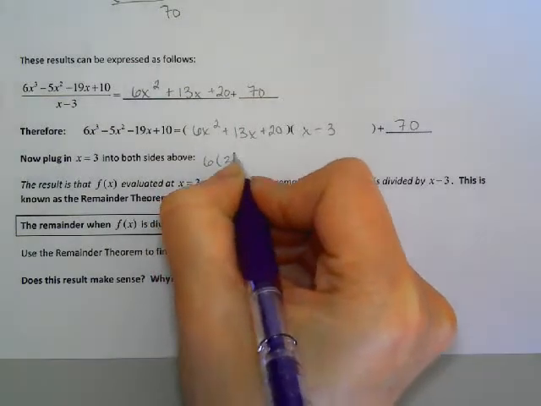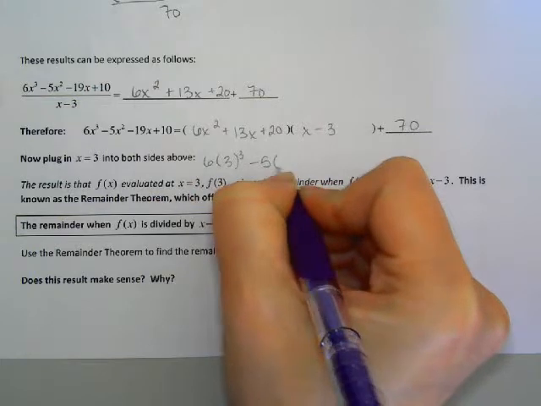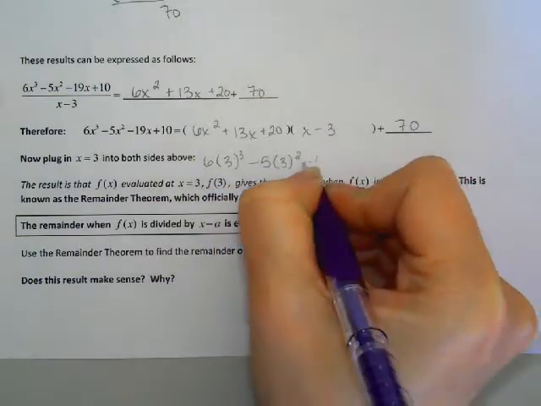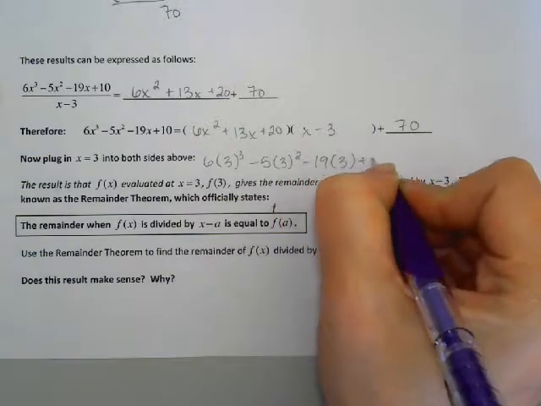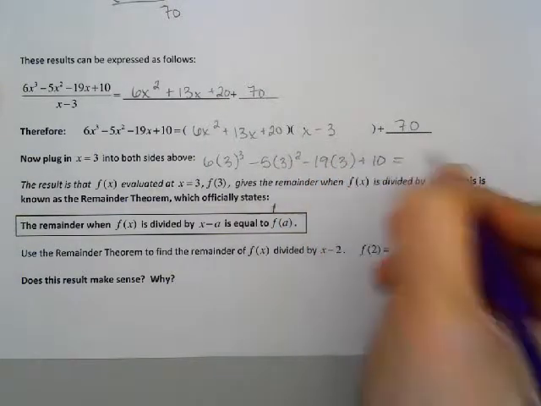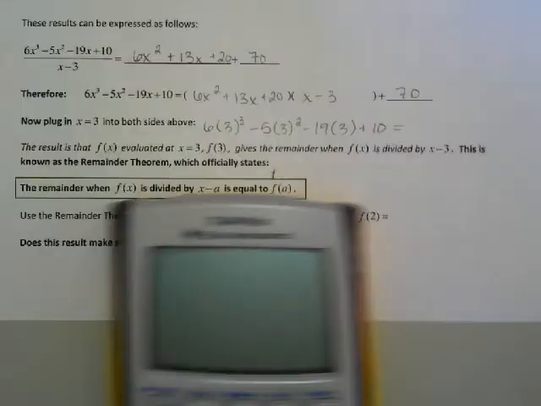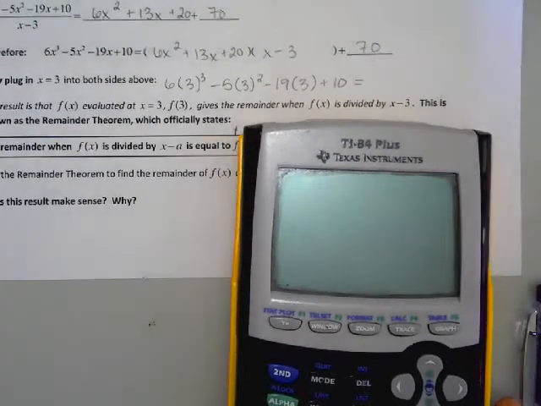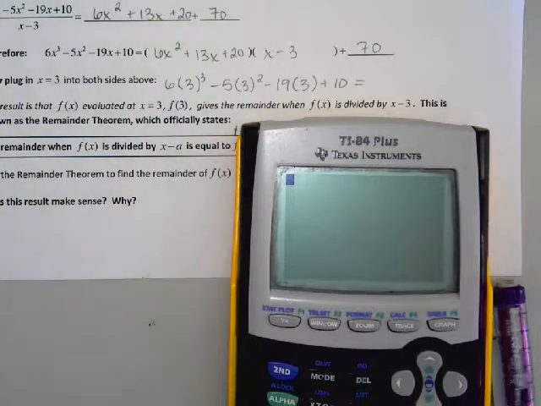So, 6 times 3 to the third minus 5 times 3 squared minus 19 times 3 plus 10. Since I have no room, I'm just going to plug all that into the calculator. It should give you your remainder.